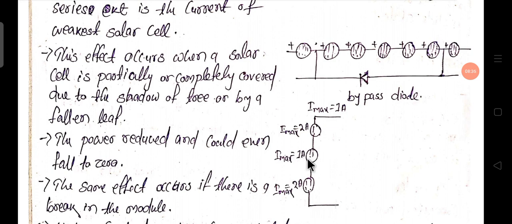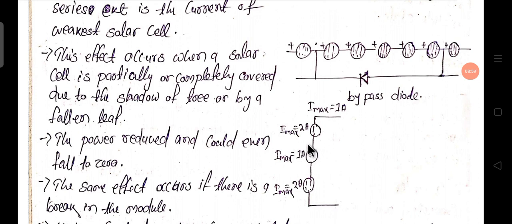Let the three be producing the same current. First of all, let the three solar cells produce 2 ampere, 2 ampere, 2 ampere, but the middle solar cell is covered with a leaf, placed in a shadow, or covered with dust or mud.